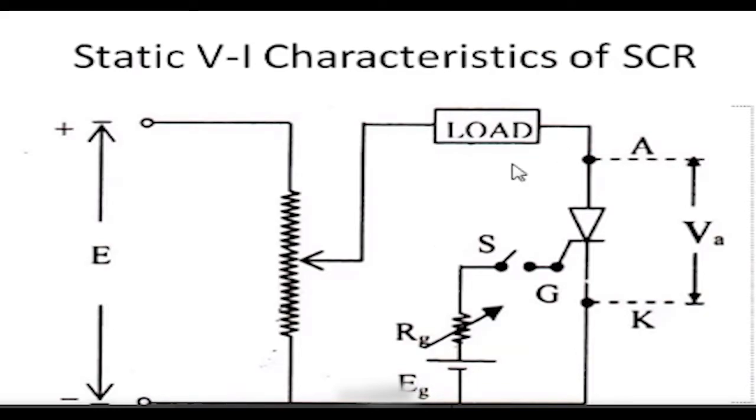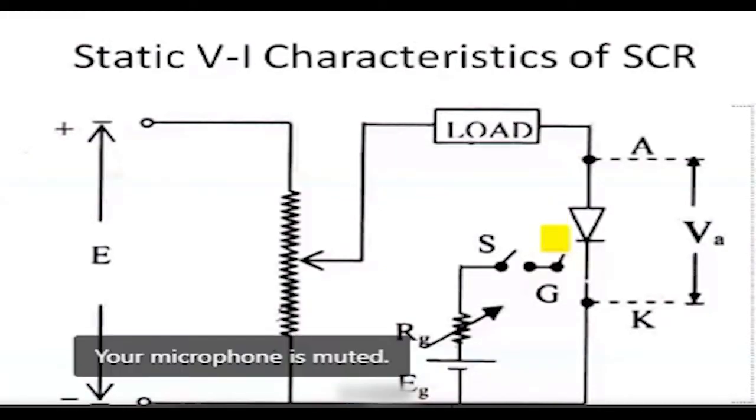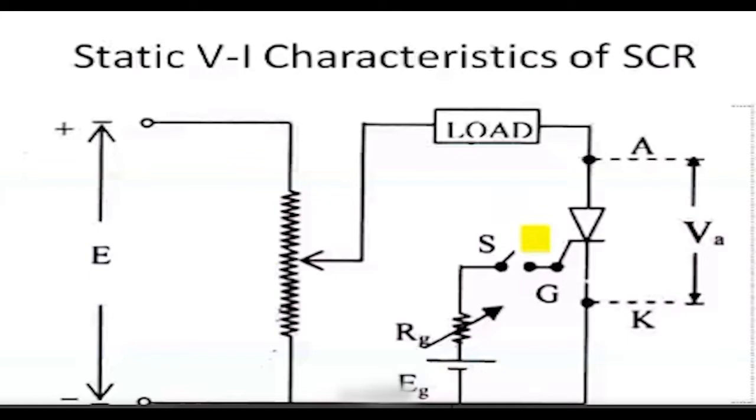For that, let us take an SCR here. You can see the SCR. Here this is the anode. Now if you see the symbol of the SCR and the symbol of the diode, what is the difference? Gate. Except for the gate, everything is the same. Why is the symbol given an arrow shape?